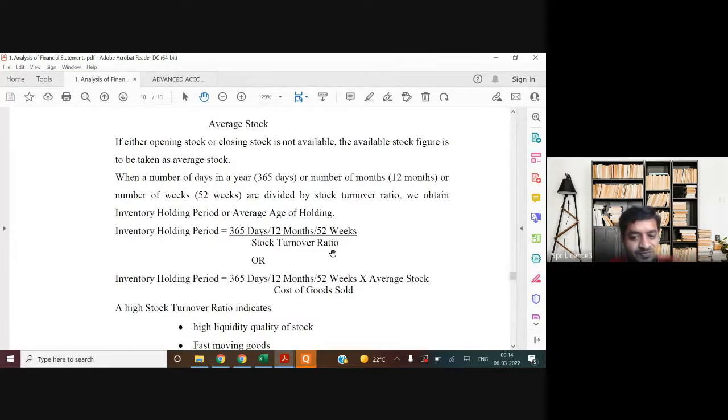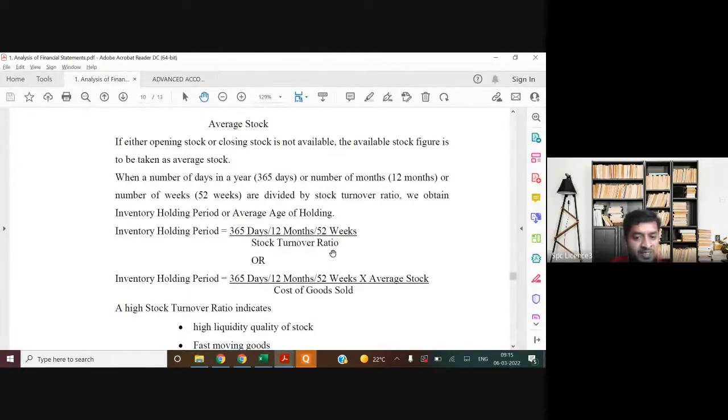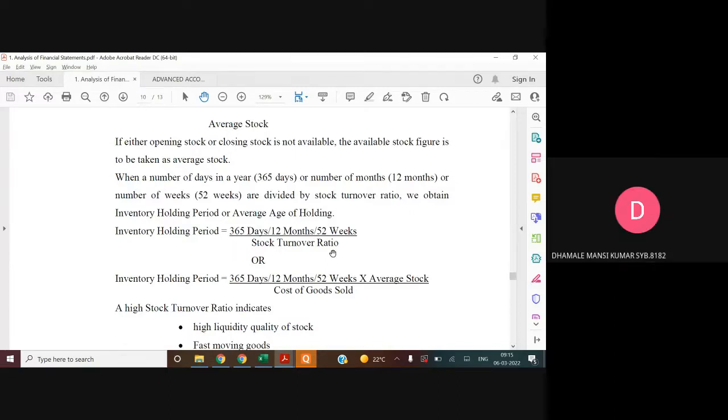Simple. If you want to calculate the holding period in days, then instead of months, divide 365 days by stock turnover ratio. If you want to calculate the average age of inventory in weeks, then divide 52 weeks by stock turnover ratio. You will get the period in weeks. Correct?